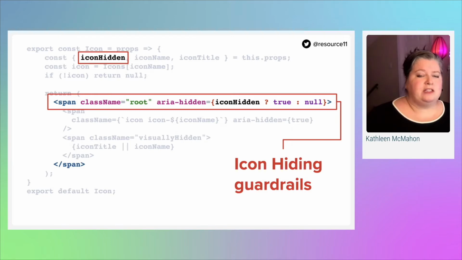This way, we're guaranteeing that the icon will read out to screen readers no matter what, unless the developer purposely specifies otherwise by passing in that iconHidden value. This true or null pattern works well with HTML attributes that only need to be added if the value exists. ARIA hidden is one of those attributes.